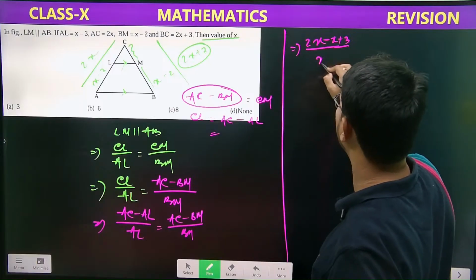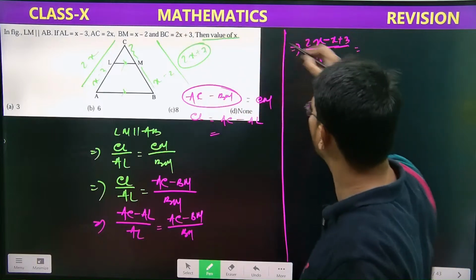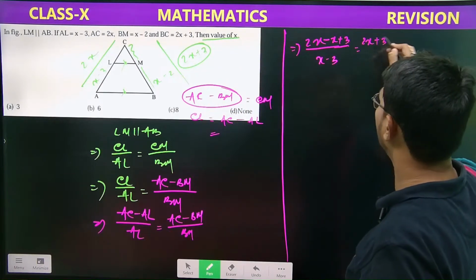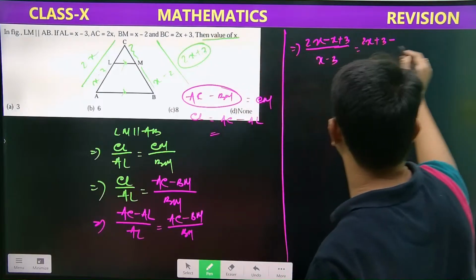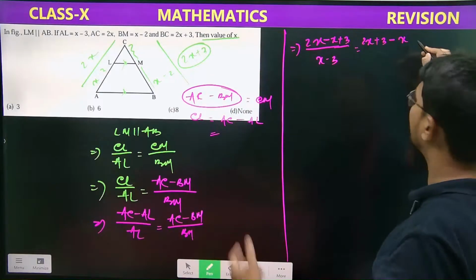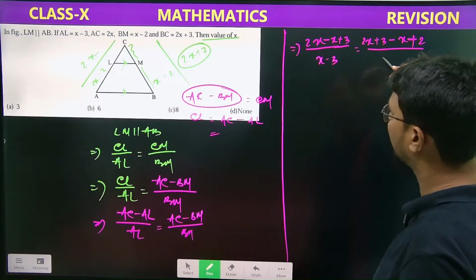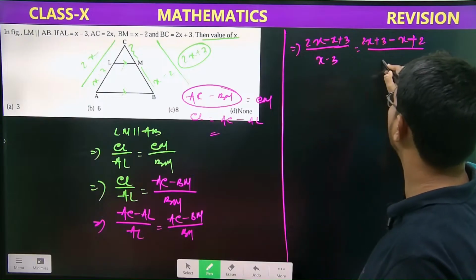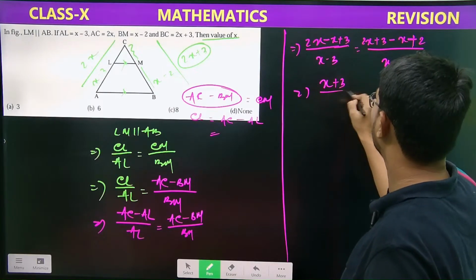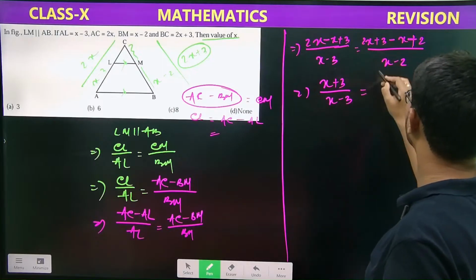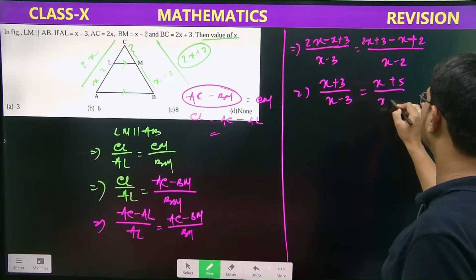The AL value is x minus 3, equal to BC minus BM over BM. The length of BC is 2x plus 3 minus BM, which is x minus 2, so subtracting gives minus x plus 2, divided by BM, x minus 2. Hence x plus 3 by x minus 3 equals x plus 5 by x minus 2.